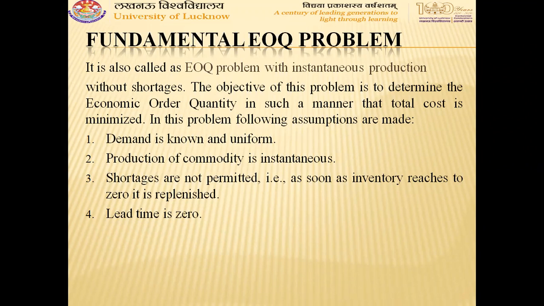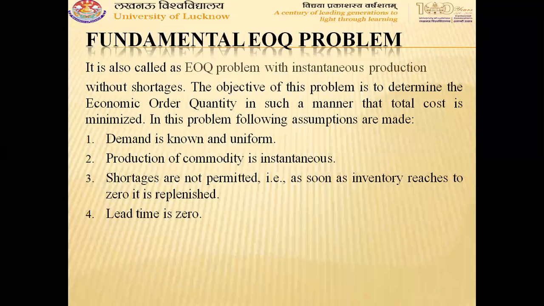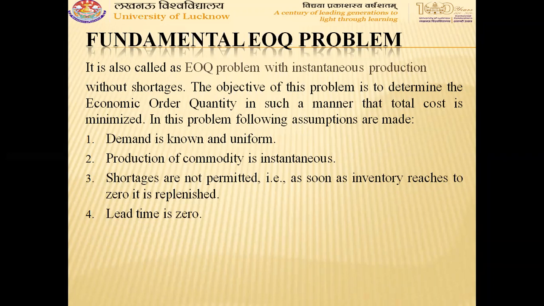These assumptions are: number one, demand is known and uniform. That means throughout the year demand does not change, like soap or rice or wheat, their demand never changes with time. That will remain uniform.